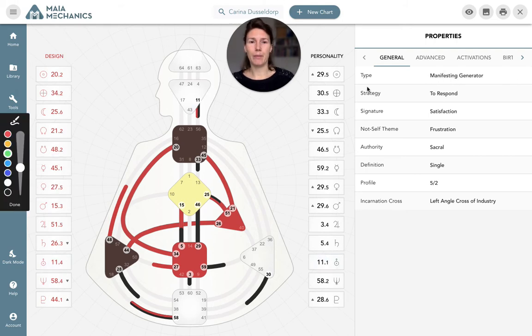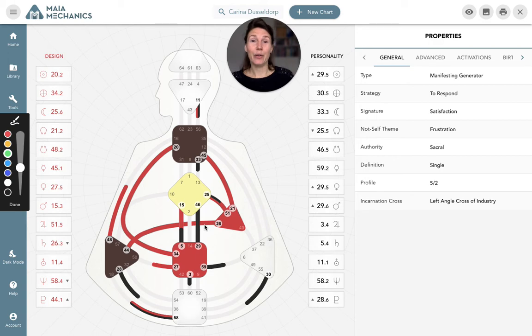Some people say there are 5 types, some people say there are 4 types, but in the end, there are 4 aura types, and the manifesting generator is a subtype of the generator, but it has the same aura as the generator, which is this open, enveloping aura that just pulls things towards it like a magnet.